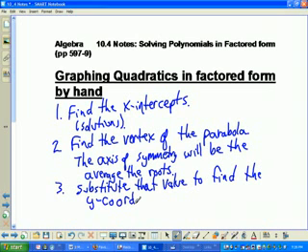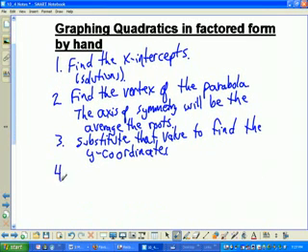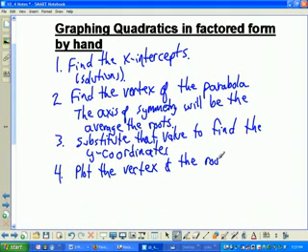Notice we're only doing quadratics on these problems. We're not doing anything else. So it's the same thing as we did do. Step 4, plot the vertex and the roots and draw the parabola.